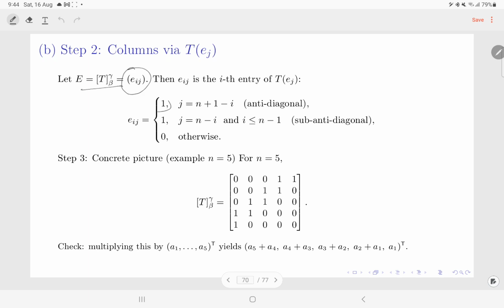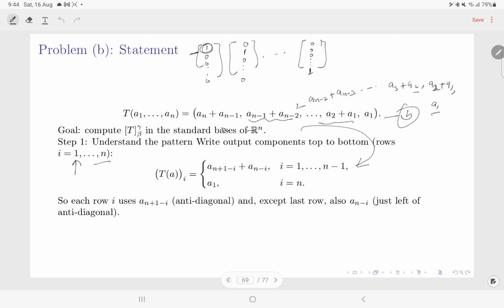Likewise here, it is 1 for all of this diagonal, otherwise it is 0. Then the sub anti-diagonal will be 0, because when you put this, this will be 1 and the other terms will be 0. This is your A2 and this is your An. For An only this term will be 1, other terms will be 0.